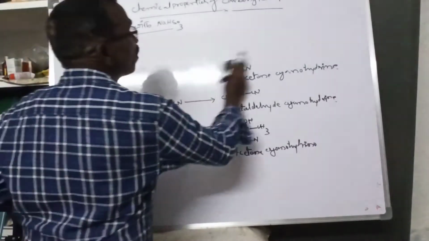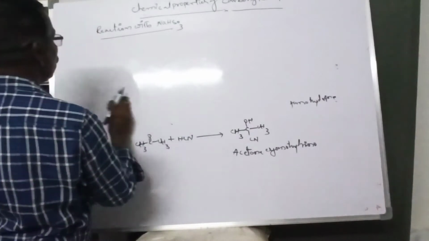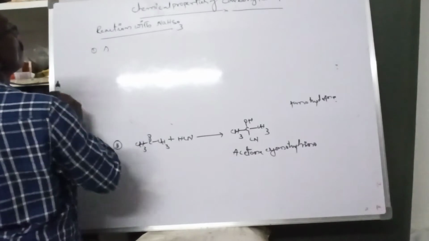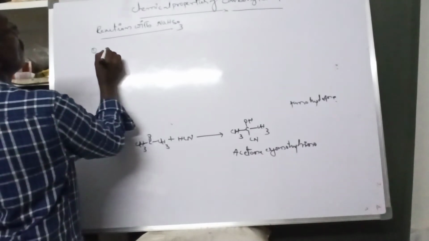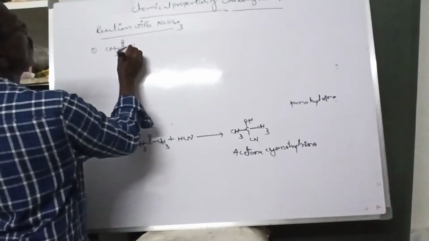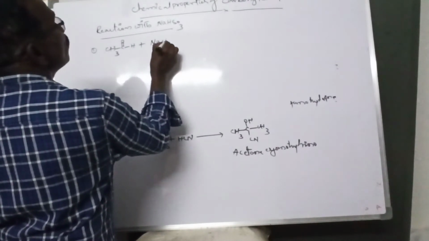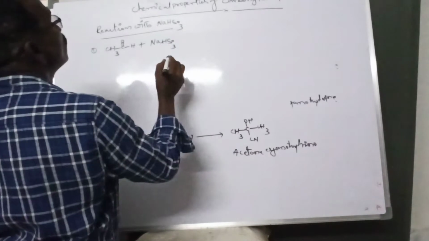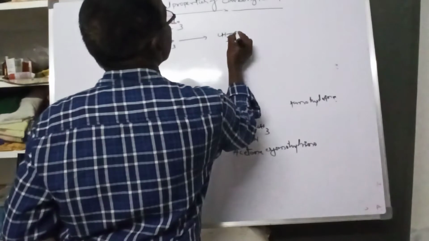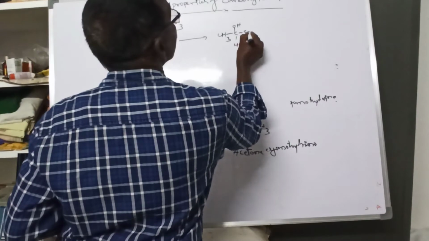If you take an aldehyde compound, the first compound is acetaldehyde, CH3 C double bond O H. On addition with sodium bisulfite, NaHSO3, acetaldehyde sodium bisulfite is formed, CH3 CH OH with SO3 Na.